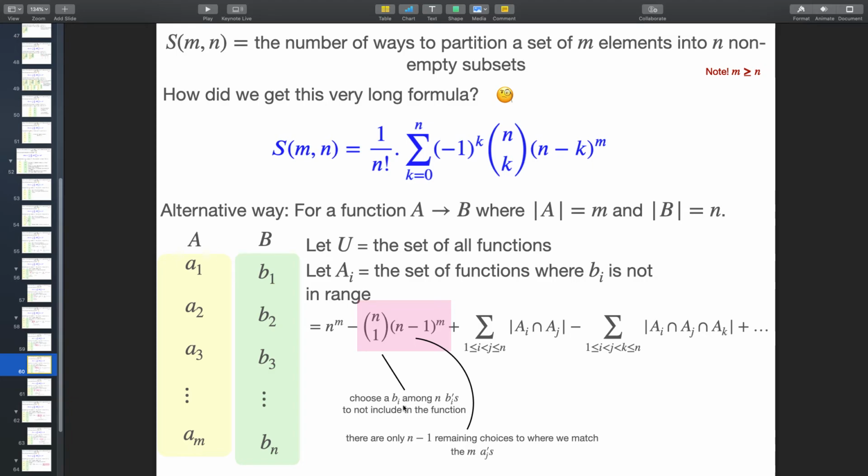So, choose one b sub I among the n b sub i's, right? And then, kapag nakapili ka na ng b sub I to not include, bali ito, n minus 1 to the m, represents yung assignment ng n a sub j's mo to the n minus 1 remaining b sub i's.